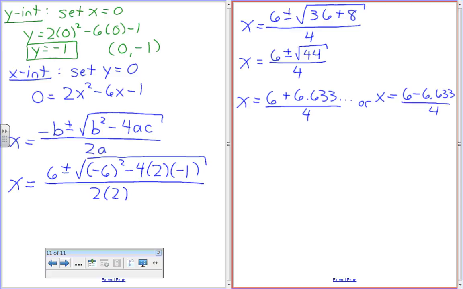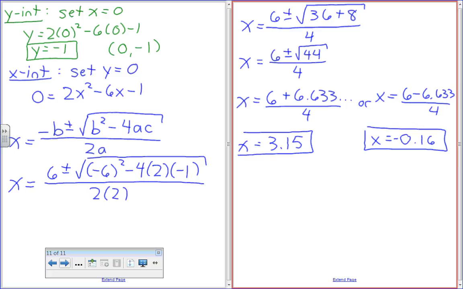Negative 0.15, right? That's correct. Yeah, if we were supercomputers, we'd have the exact decimals to 18 decimals, but for us, 2 is okay for my graph.